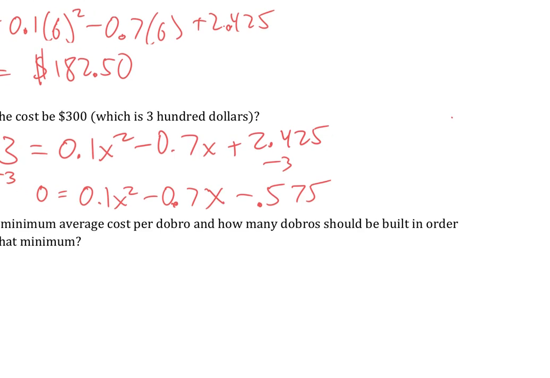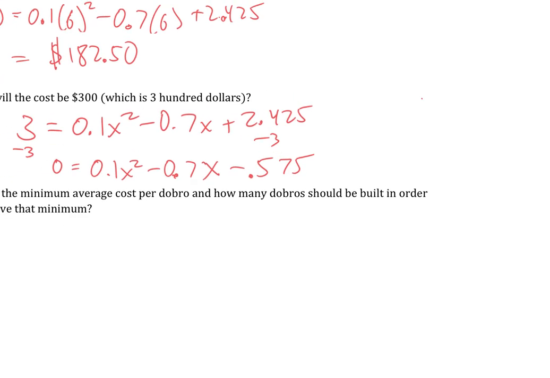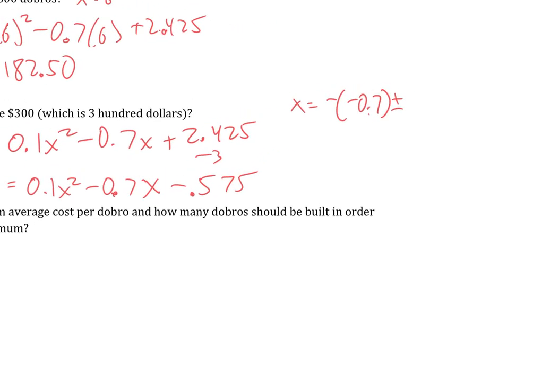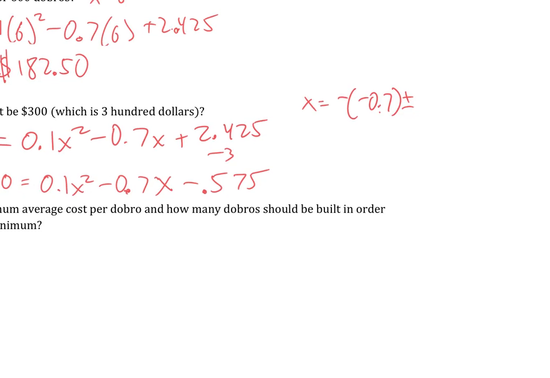Now, if we go to our calculator, we can use our quadratic formula. x equals negative b, which is 0.7, plus or minus the square root. And I'd strongly recommend you write this out right before you type. Many people are tempted just to start typing things. Don't start typing things until you write it out.